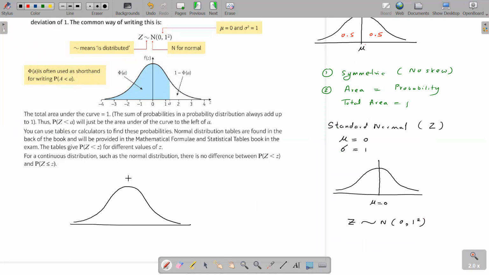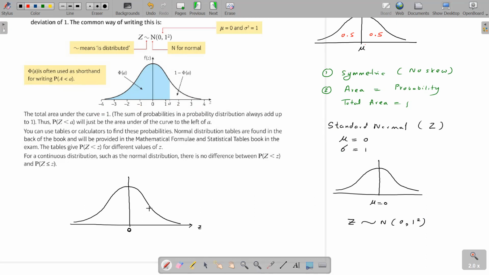When you have your normal distribution, here the mean is 0. We are working with the standard normal distribution. You can see here positive values on the scale and negative values go behind. These are your z values.